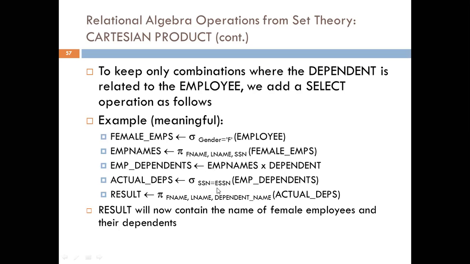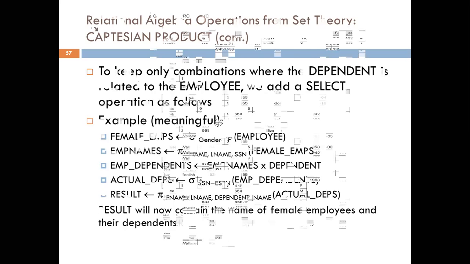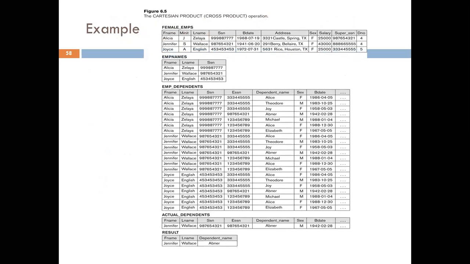Then all the dependents who are not related will be eliminated. From the actual dependents, we can then extract the first name, last name and dependent name. The result will now contain the names of female employees and their dependents. So this is the result of cross product. You can find this in the textbook.